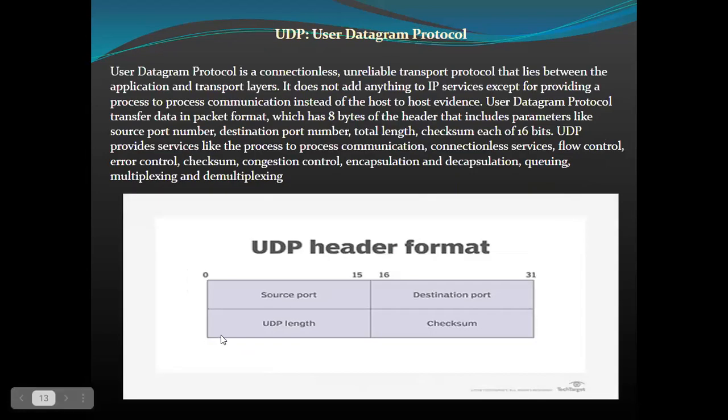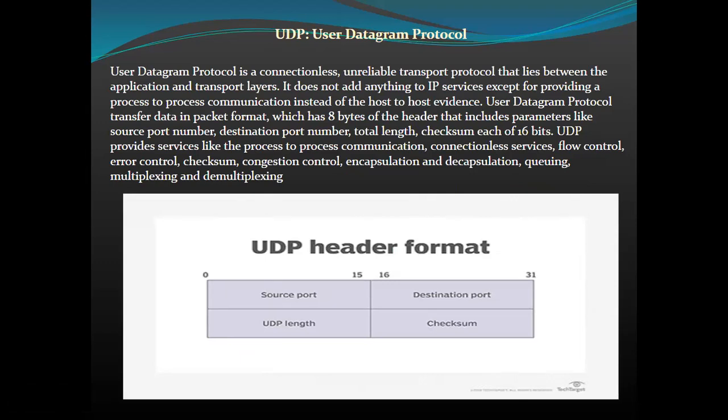So now we are looking at UDP, which stands for User Datagram Protocol, and it is a connectionless, unreliable transport protocol that lies between the application and transport layers.